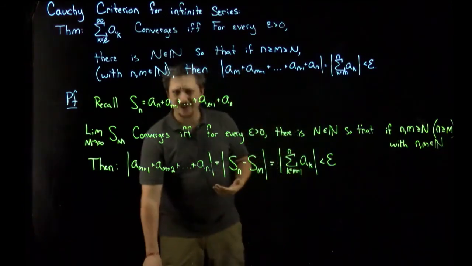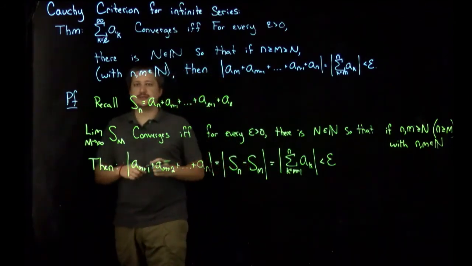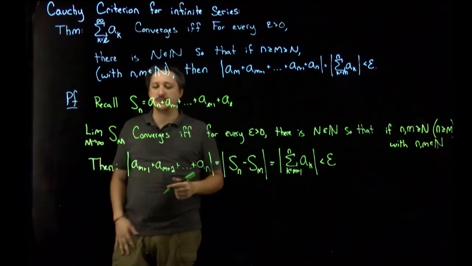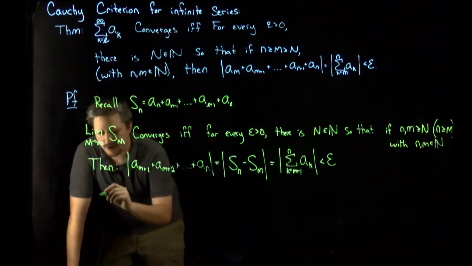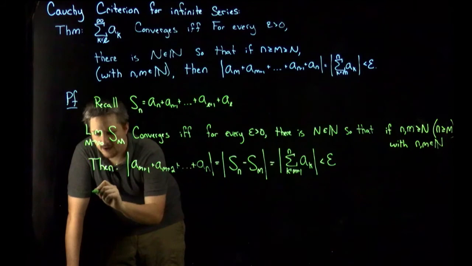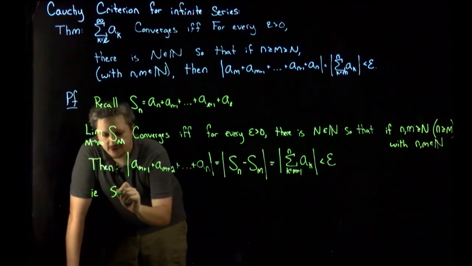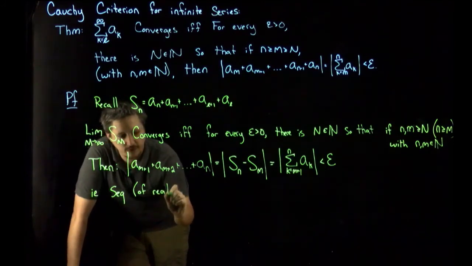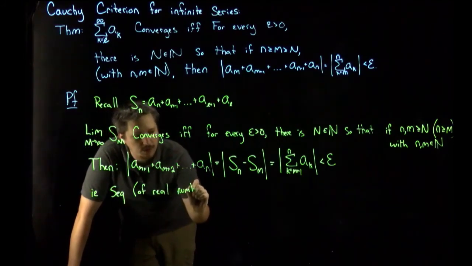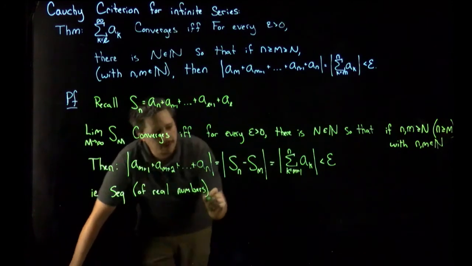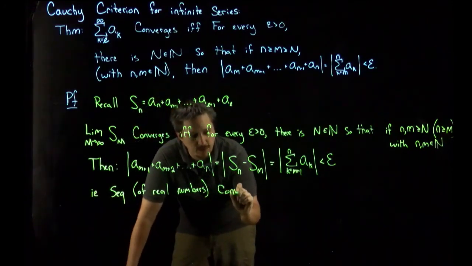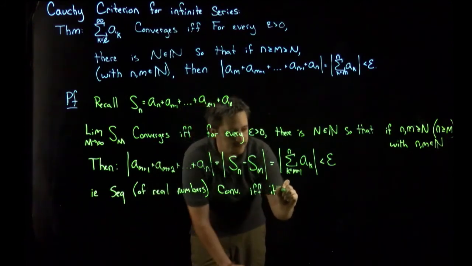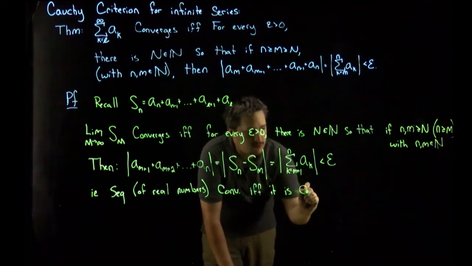This is, in the book, I think they mark it as a theorem that says that as long as we're in the real numbers, which again, this is a series of real numbers, Cauchy sequences, so this is i.e. a sequence of real numbers converges if and only if it is Cauchy.